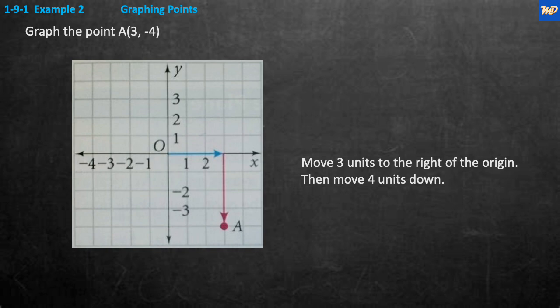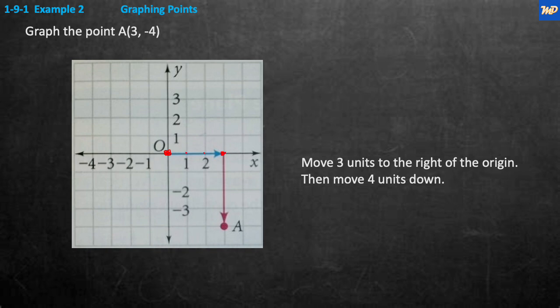So example 2, graphing points. Graph the point A equals 3 comma negative 4. So how do we do that? Well, we go to the origin, which is right here. And we want x for point A, we want x equal to positive 3. On x, positive is to the right. So we're going to go 1, 2, 3 to this point here.